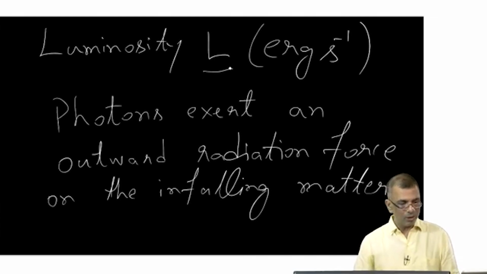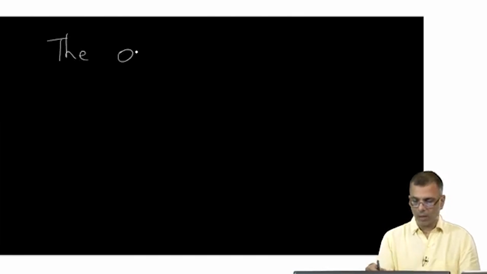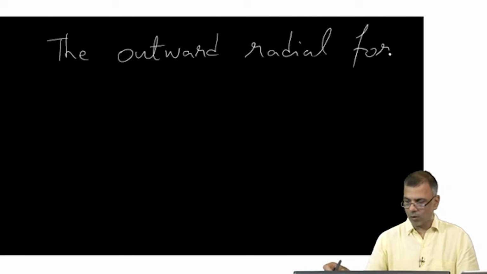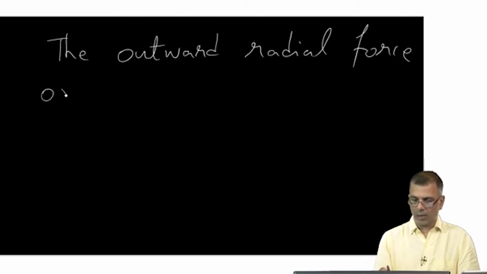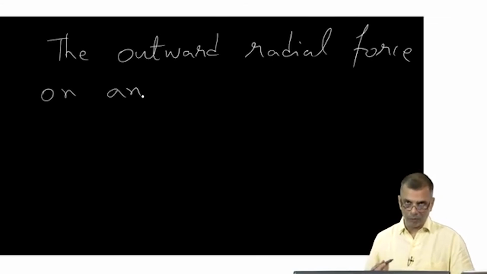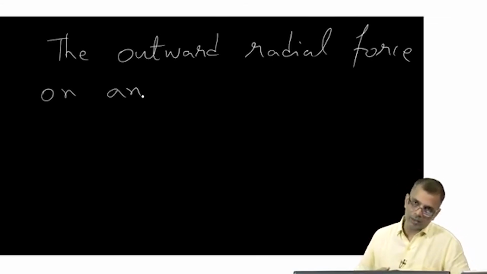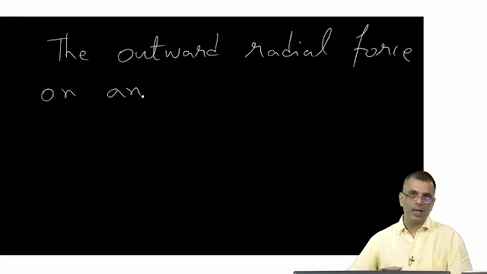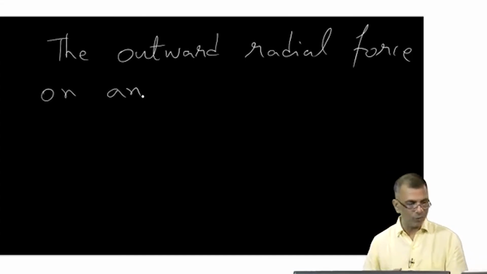Okay, so the outward radial force on an electron. Now, the mass is provided by the proton, but really electrons are the ones which radiate, and they are the ones which interact most effectively with photons.